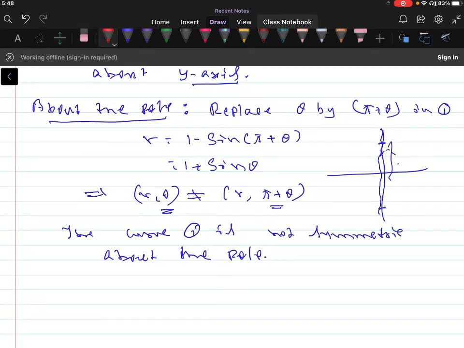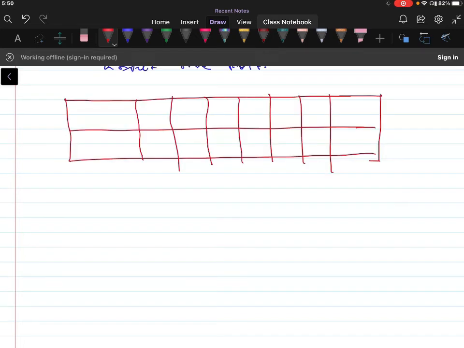The given curve is symmetric about the y-axis. To construct the graph of the curve, theta takes the value from minus pi by 2 to plus pi by 2, and that same graph will reflect to the left side of the y-axis. So now let us construct the table for theta values varying from minus pi by 2 to plus pi by 2. Let us take the theta values in the first row of the table.